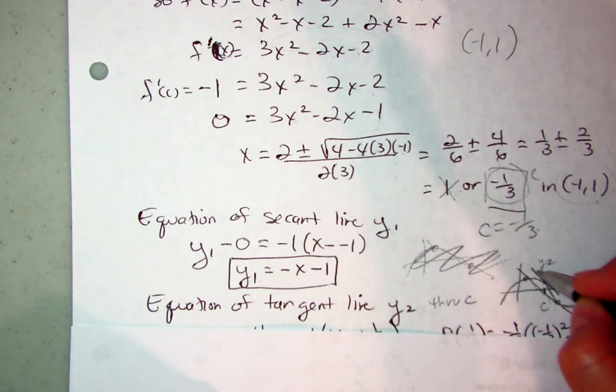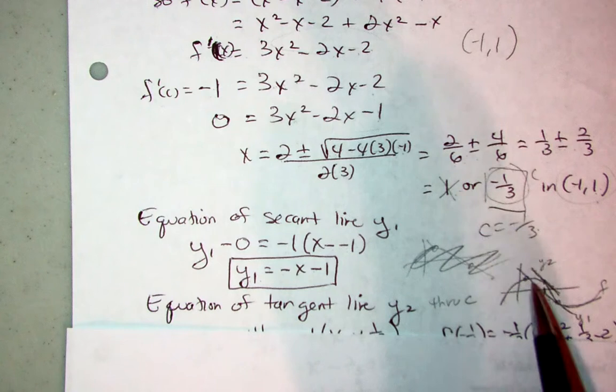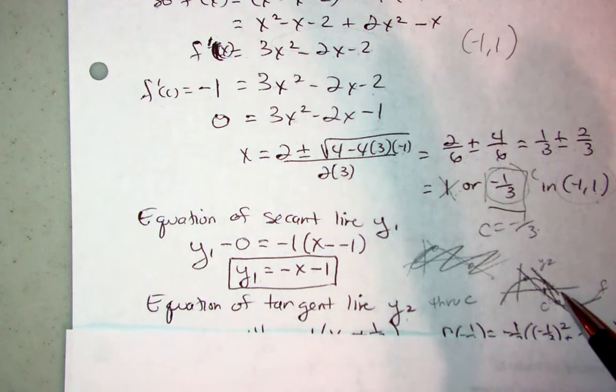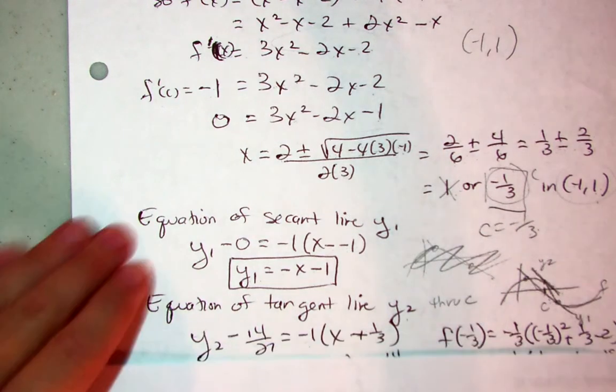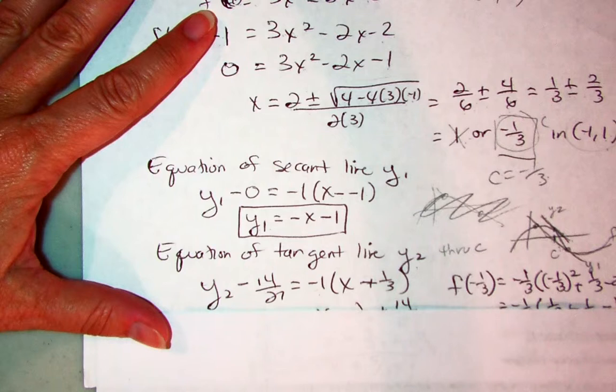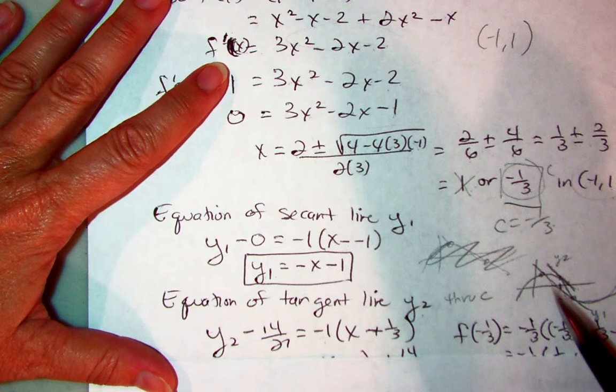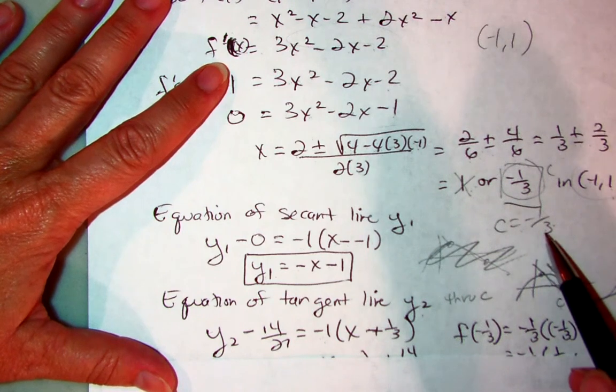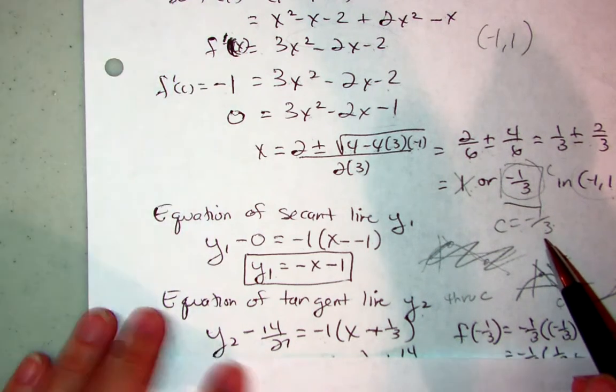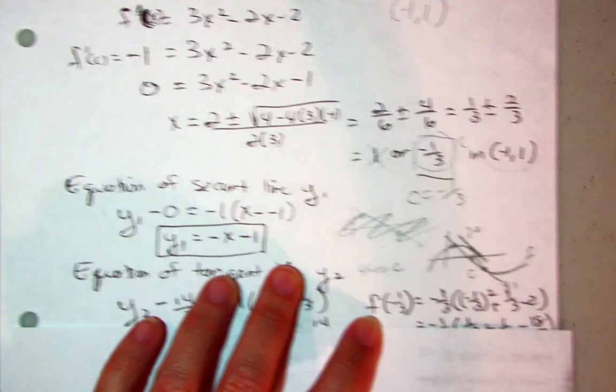Now we're going to call this y2. I want the equation of the tangent line. That's this guy. So again, I'm going to do it in point slope form. For y2, we said negative 1/3 was the C value, or that x value in between A and B. So I had to put negative 1/3 back into my f function right here, which is what I've done.